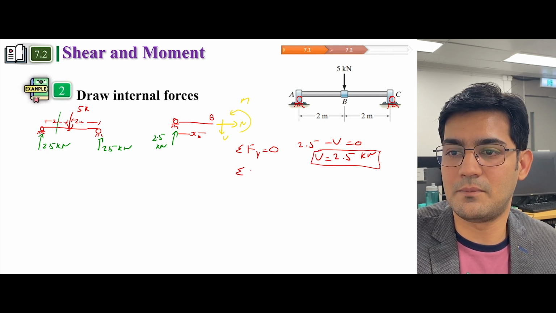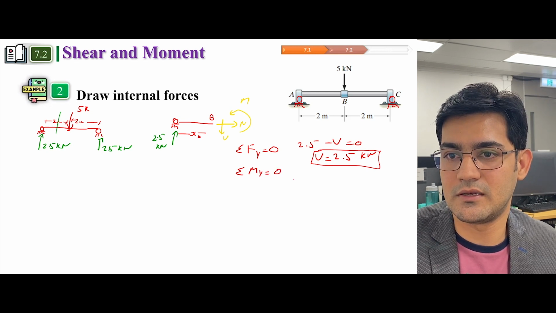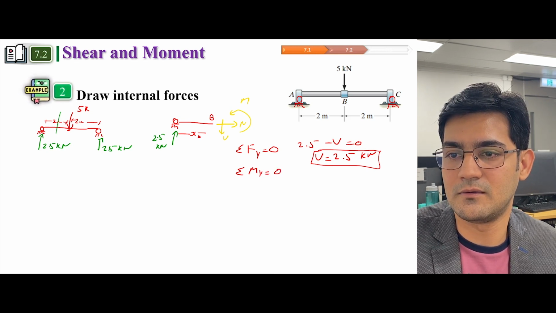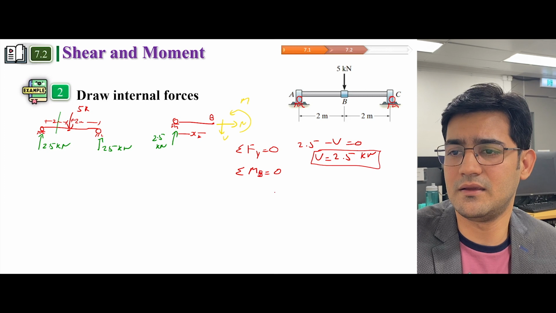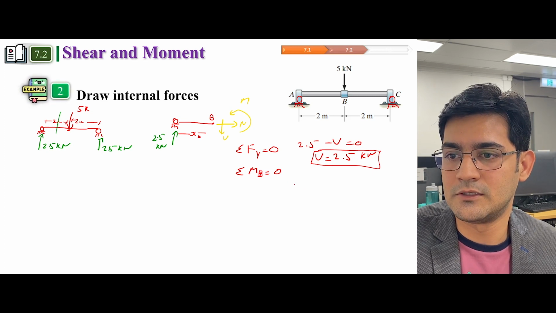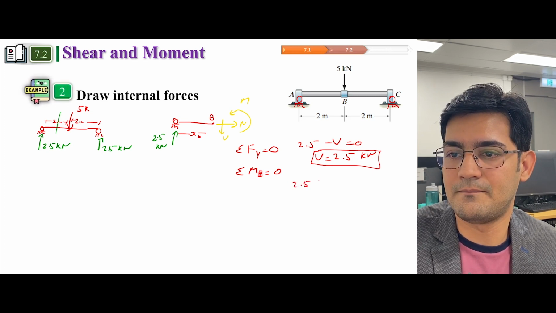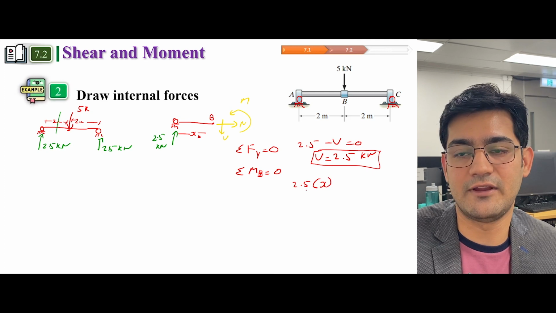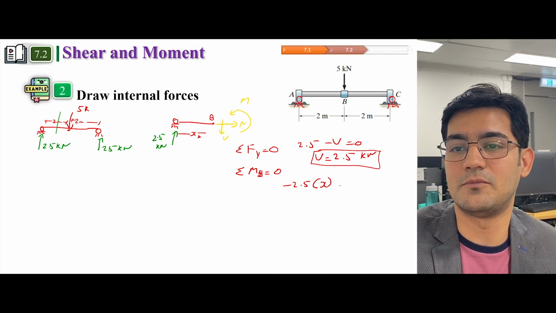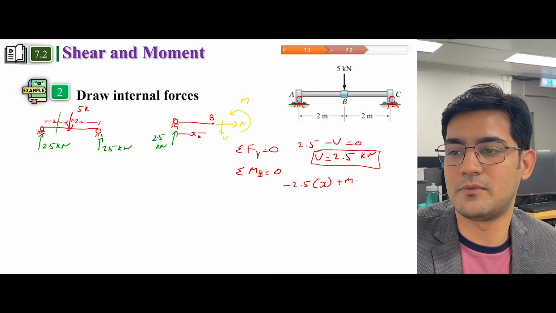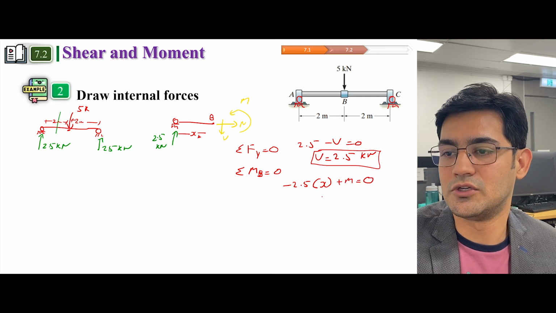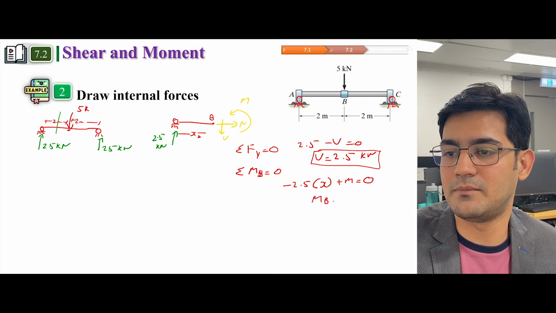And if you apply the summation of moment equal to 0 at point B, the summation of moment at point B would be 2.5 multiplied by x, because now we have x, and since it's clockwise, I will put a minus sign, plus M is equal to 0. So our moment at point B would come out to be 2.5x.